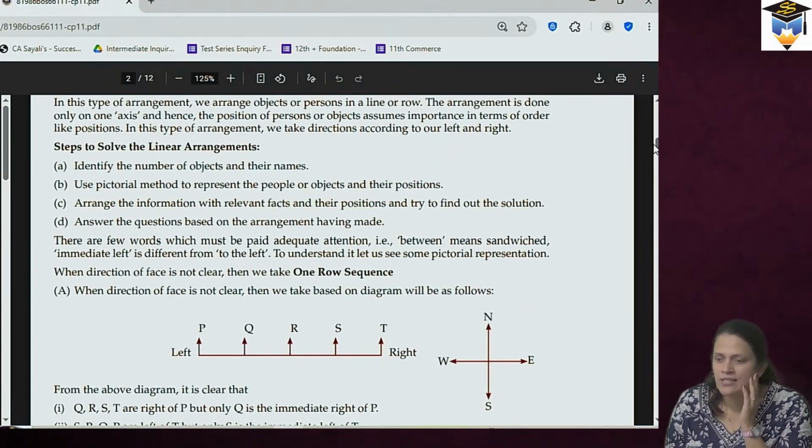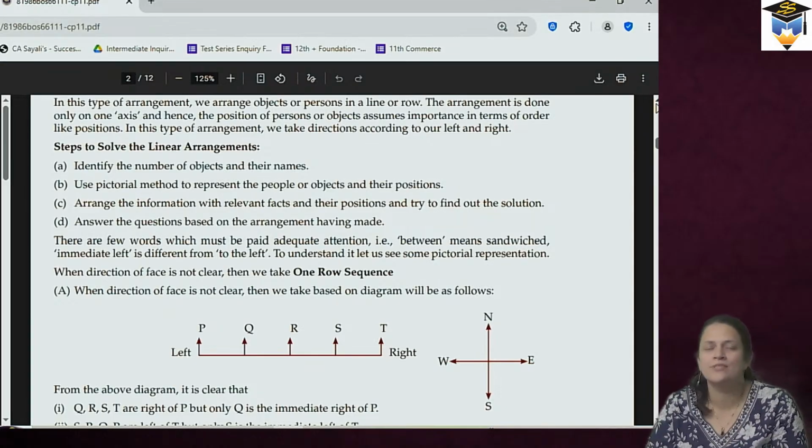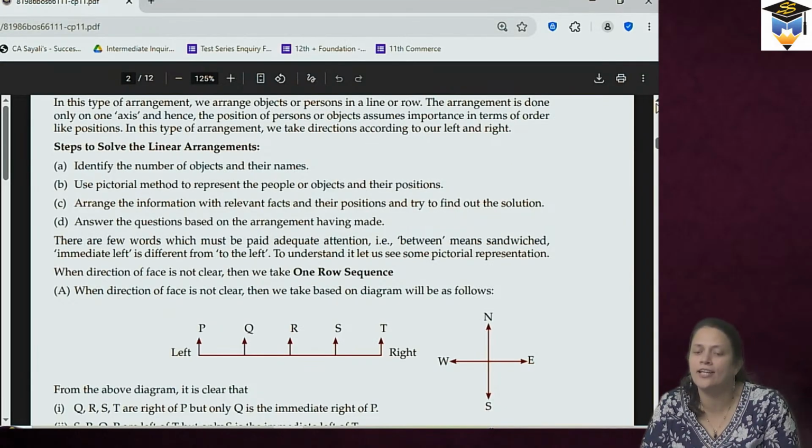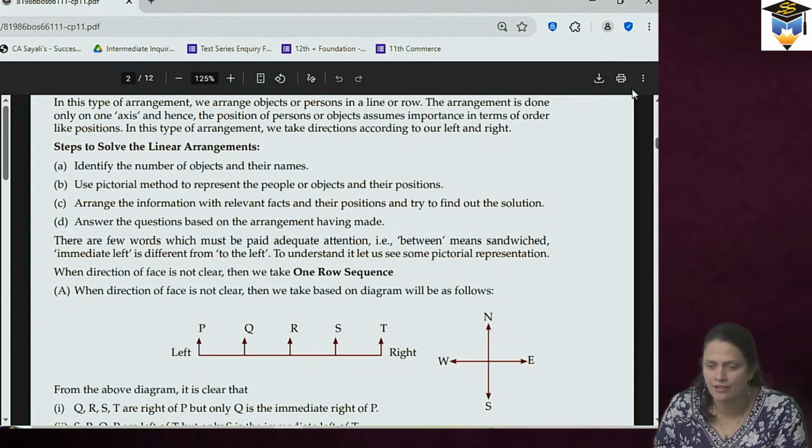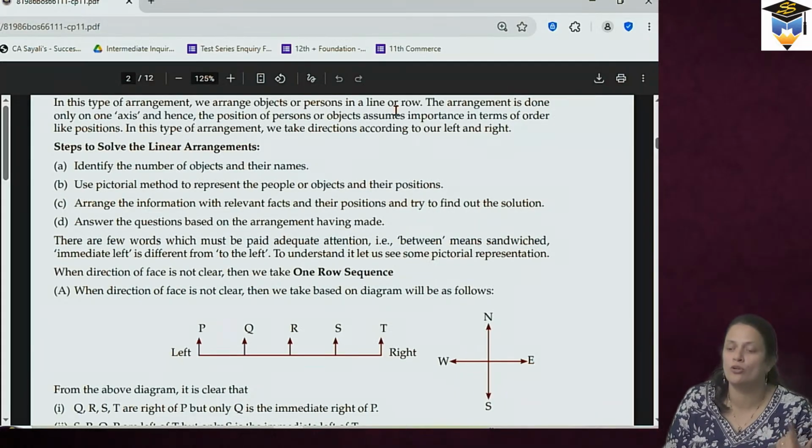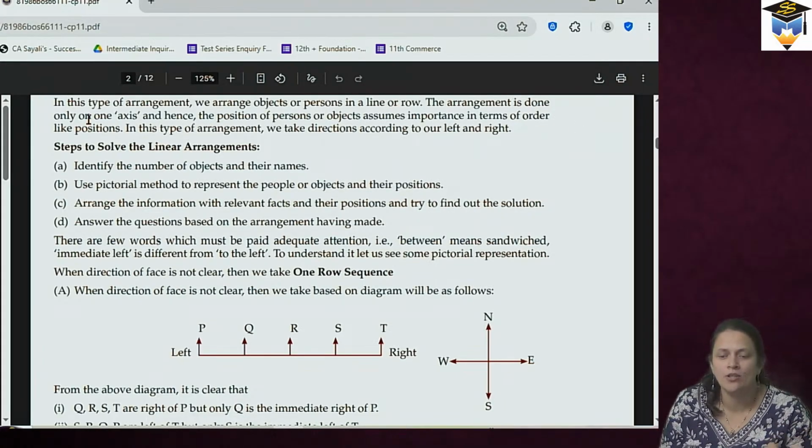So now the steps to write down. Give the heading seating arrangement, give the heading as linear arrangement, and write down these steps which they have given. Linear arrangement: we arrange objects or persons in a line or a row. The arrangement is done on only one axis, and hence the position of persons or objects assumes importance in terms of the order.